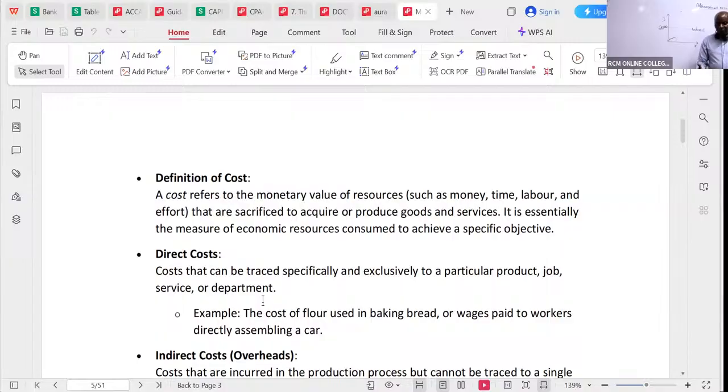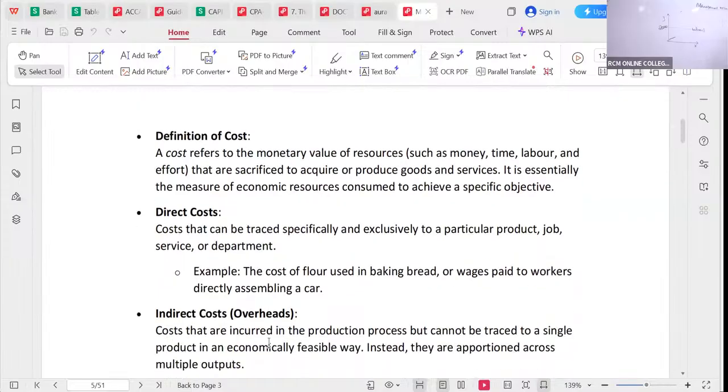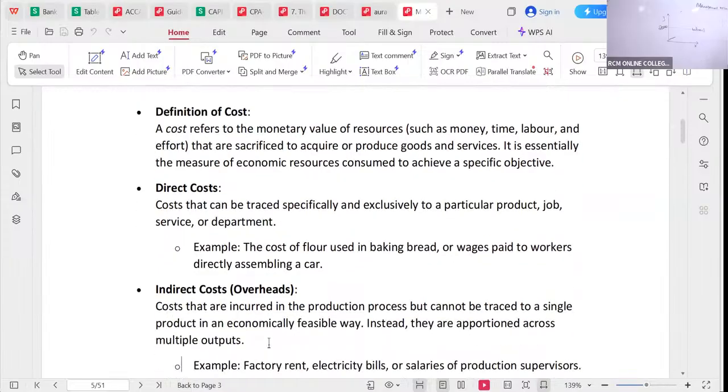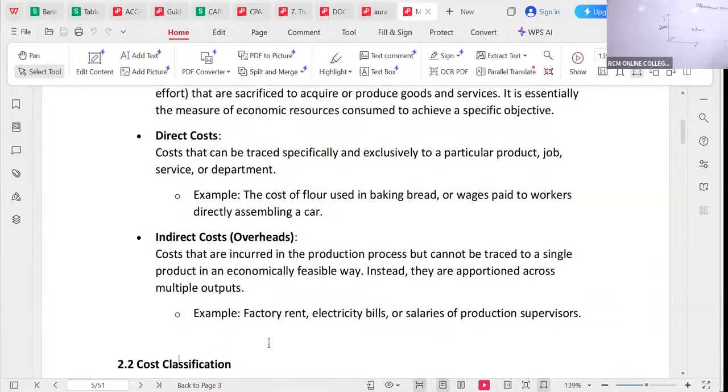The more cars they produce, the more they earn. Those are direct expenses. Indirect costs are what we shall be calling overheads. These are costs that are incurred in the production process, but cannot be traced to a single product in an economically feasible way. Instead, they are apportioned across multiple outputs.